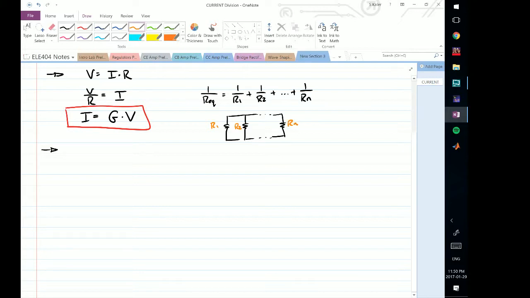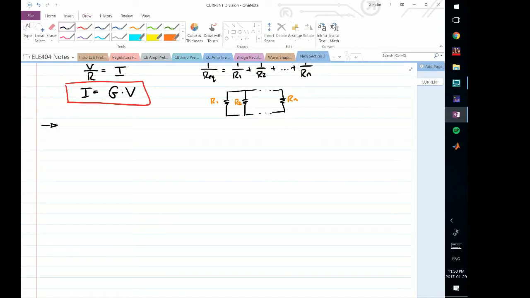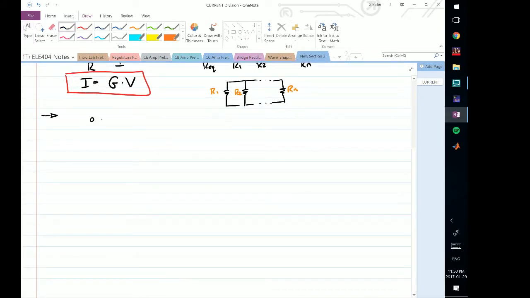And so now, if we examine this a little bit further, I will need to redraw this a little bit bigger because we will actually have to do some analysis on this. I will consider a number of resistors in parallel. And again, as in the case of the voltage division, we're considering the general case where we will have n number of resistors in parallel.